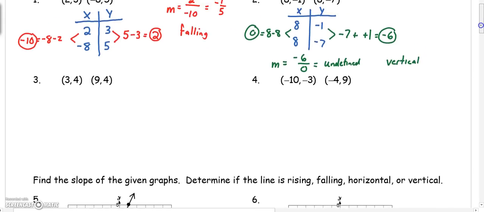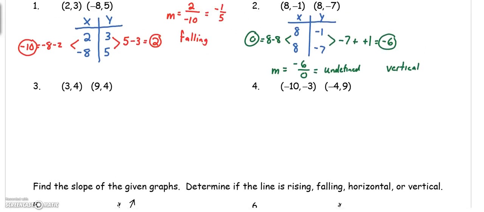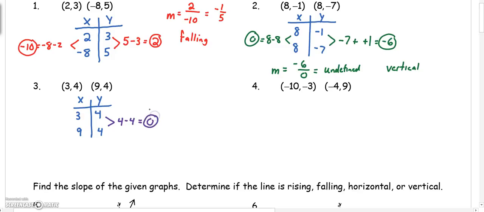Number 3, I'm going to make a table. So I have my x, y, I have 3, 4, and 9, 4. This time, when I look at my coordinates, my y's are the same, so 4 minus 4 gets me a change of y is 0. My x's, 9 minus 3, gets me a change of 6.